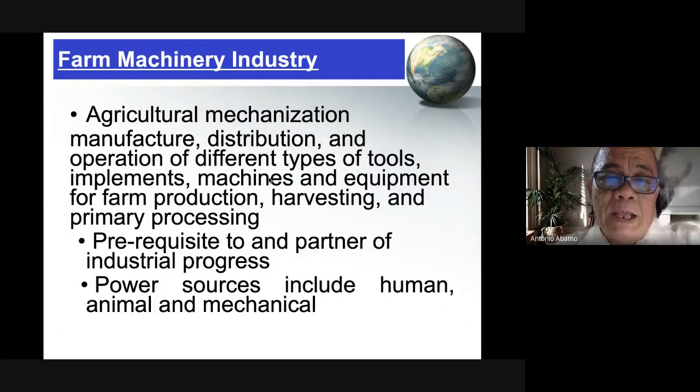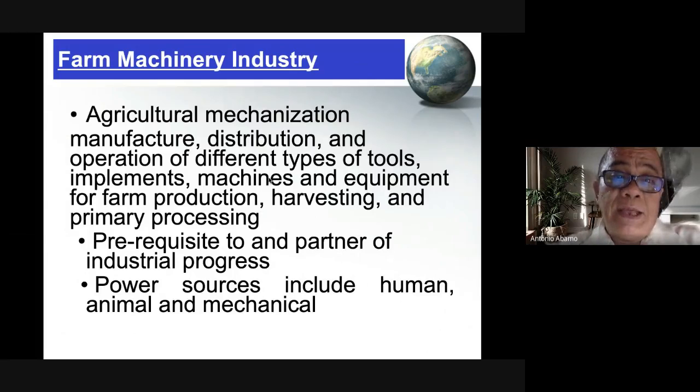Now, farm machinery is a prerequisite, a partner of industrial progress. So that means if our agribusiness wants to progress industrially, we need to go into farm mechanization.